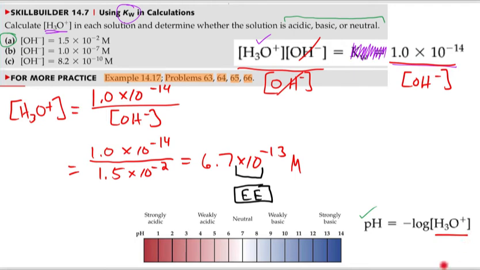I don't want to get into the full description here, just briefly. This pH scale is a log scale. So when you go from 1 to 2 to 3, you're not increasing by 1 or 2 or 3. You're increasing by 10, 20, 30 times the change in the hydronium concentration.